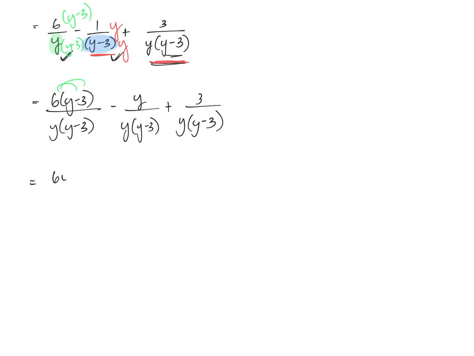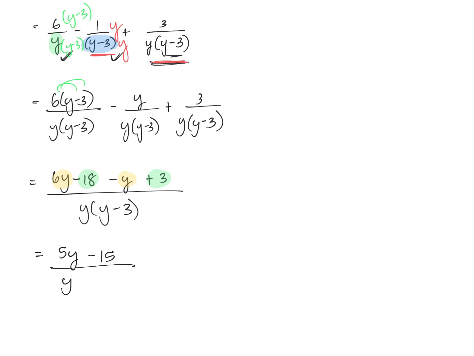So we're left with 6y minus 18, and then the minus y and the plus 3, all over the same denominator of y times y minus 3. Okay, we actually added them. Awesome. So now we're just going to combine like terms. And we get 6y minus y, so that's going to be 5y minus 15 all over y times y minus 3.